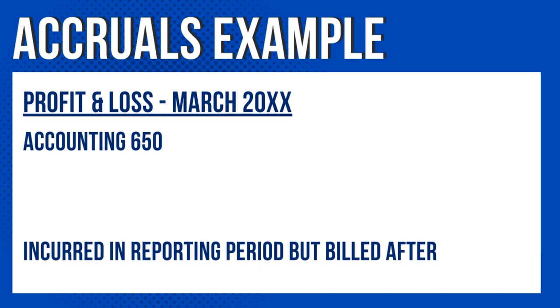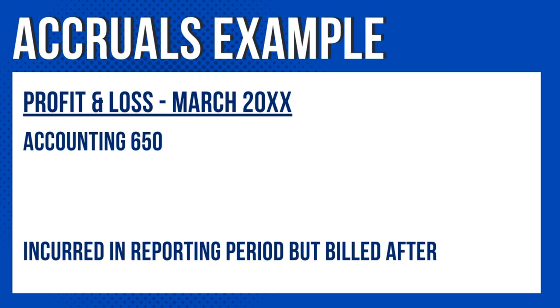Now, an accrual is the opposite. Okay, so an accrual is when we have some sort of cost or expense, and sometimes it's even a sale, incurred in the reporting period, but billed after. And I use the word billed, but it doesn't necessarily have to be an invoice, because not all expenses come with an invoice.